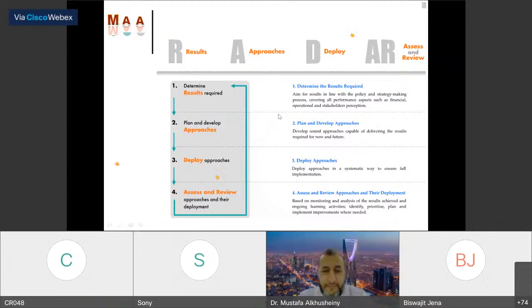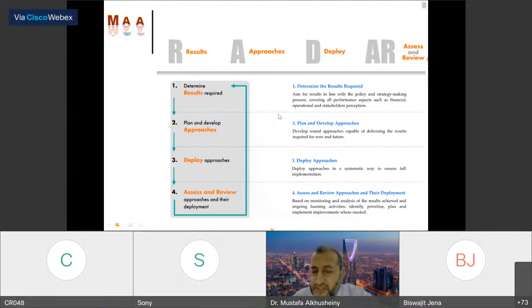Regarding deploy approach, deploy the approach in a systematic way to ensure full implementation covering all the activities and processes in the organization. Then assess and review based on monitoring and analysis of the results achieved and ongoing learning activities.